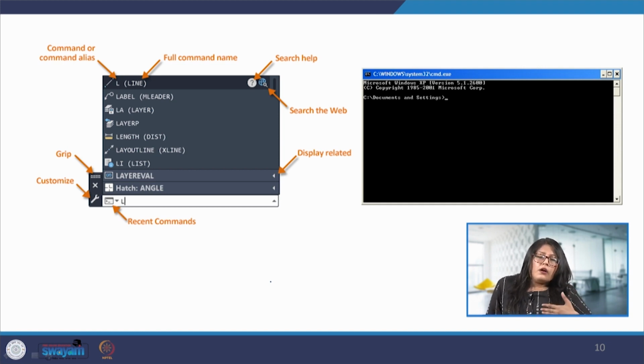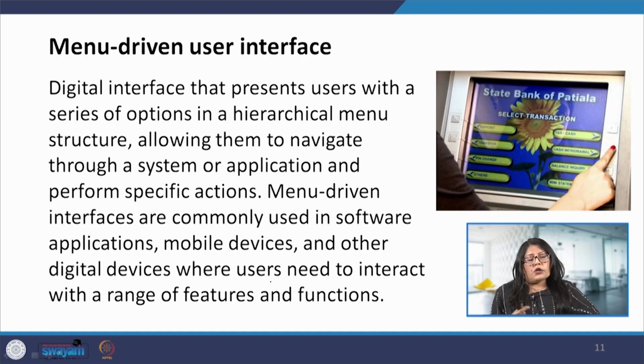Depending on what function we are performing, command line interfaces sometimes are more efficient as compared to the other systems, specifically when we are working on software like AutoCAD or Rhino, where the command line input gives us a quicker response.